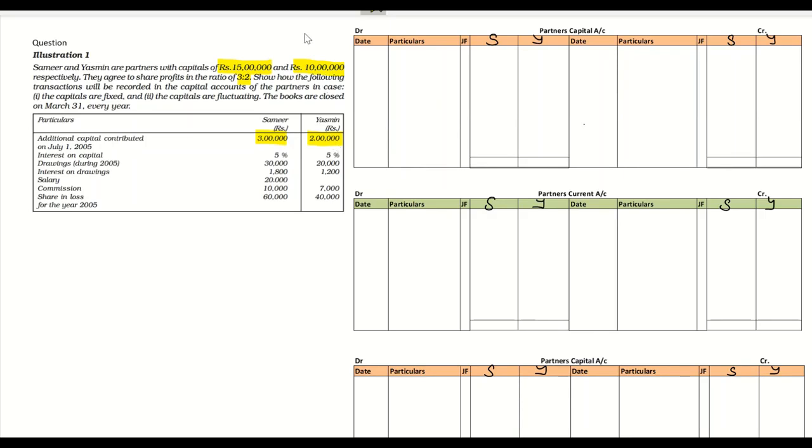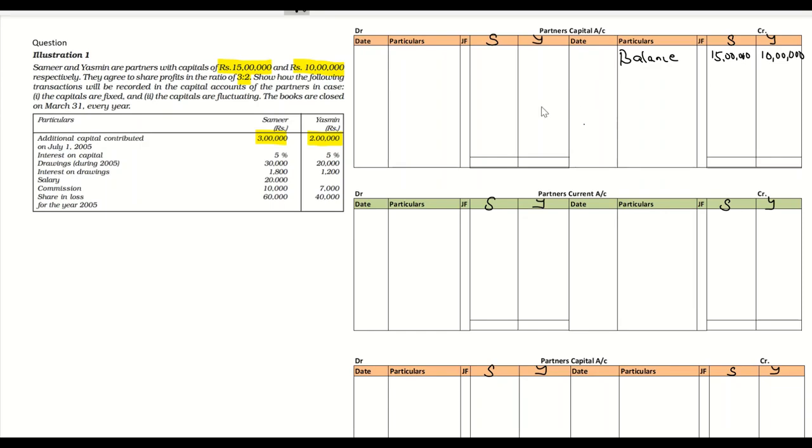Now let's start doing this problem where we have the opening balance of 15 lakhs and 10 lakhs.